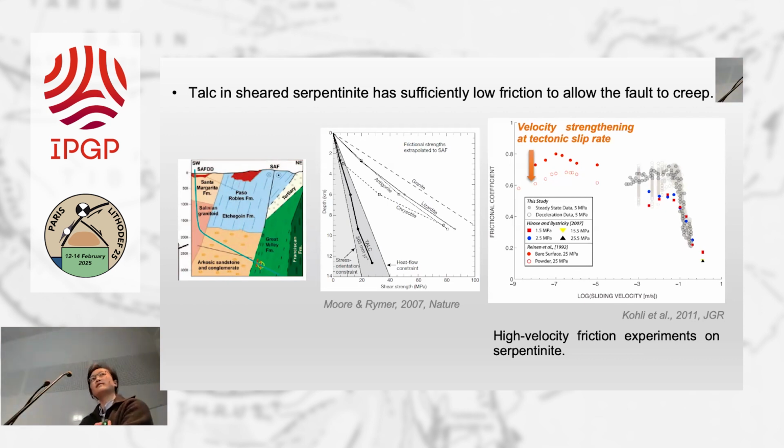And based on high velocity friction experiments on serpentinite, Cowie discovered that at the sub-seismic slip rate, the serpentinite behaves as velocity strengthening, but at the seismic slip rate, the serpentinite changes to dynamic weakening, which means it could facilitate the rupture to propagate.